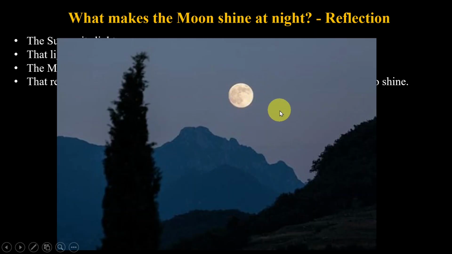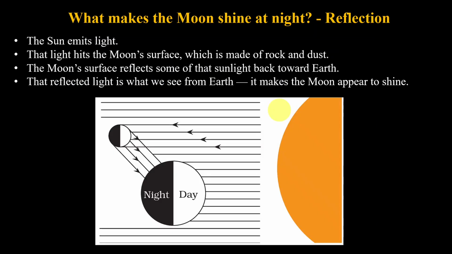It means that it is reflecting the sun's light. So it is not inside Earth. That's my emphasis here. It is outside. It is orbiting Earth in space, but it's close by. So it reflects the sunlight and we see the moon.